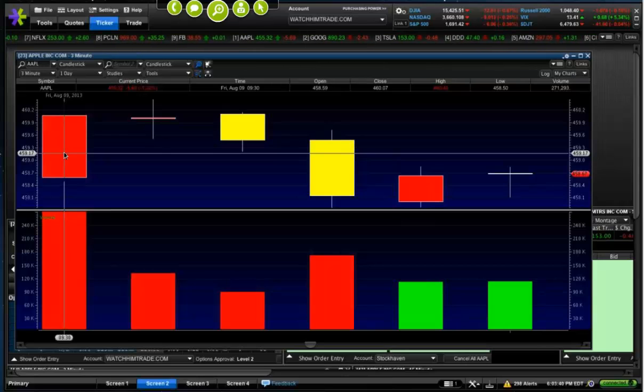Those are two of the terms. Two other price points to be aware of is just the opening price on the day. So your opening price was 458.59, and also your initial 3-minute close. Your initial 3-minute close was 460.07.